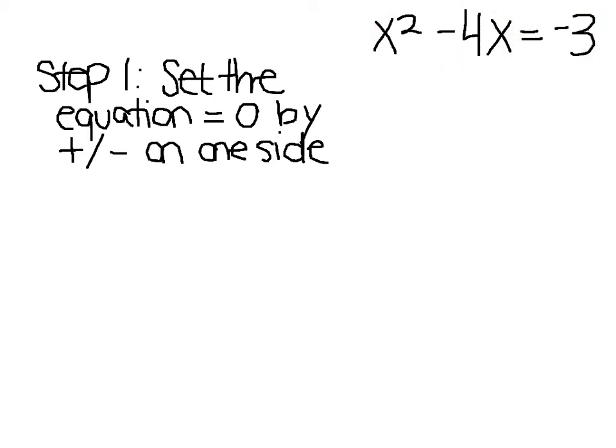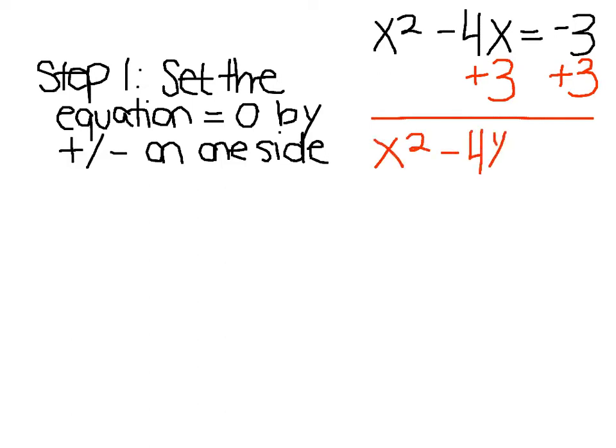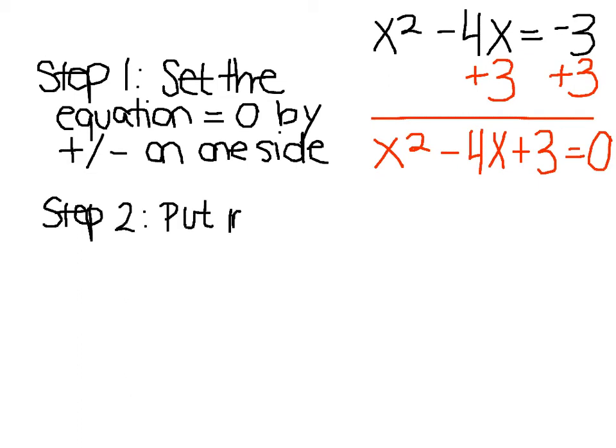So the opposite of subtraction is addition, so we're going to add 3. And you're going to see that I have x squared minus 4x plus 3 equals 0, because none of these can combine like terms to simplify. So step 2 is to put in standard form.